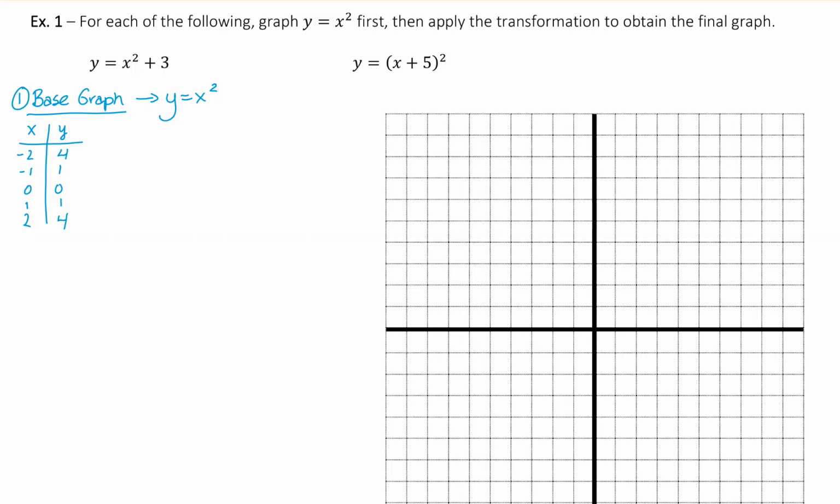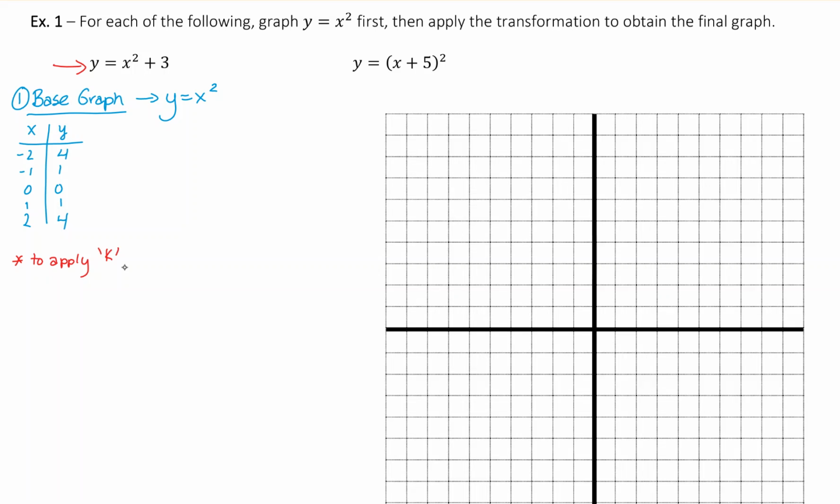Okay, you're always going to want to start by graphing that. Now in our first example here, we have y equals x squared plus 3. That plus 3 is a k value. Okay, so to apply k to our transformations, we don't need to make a brand new table of values.